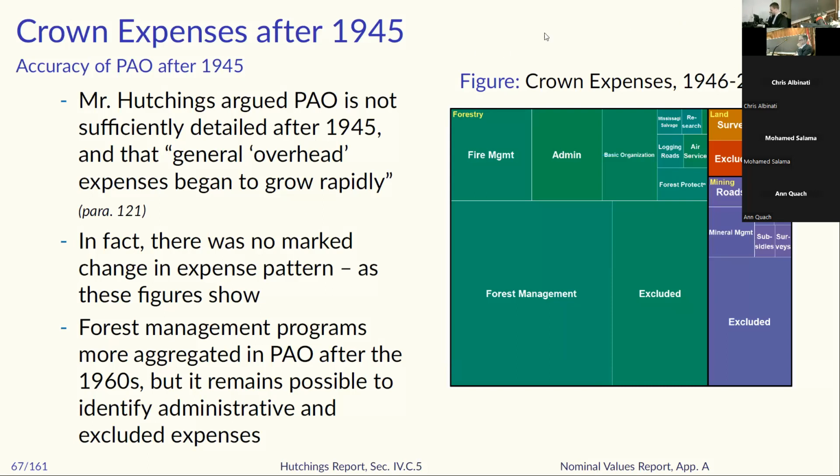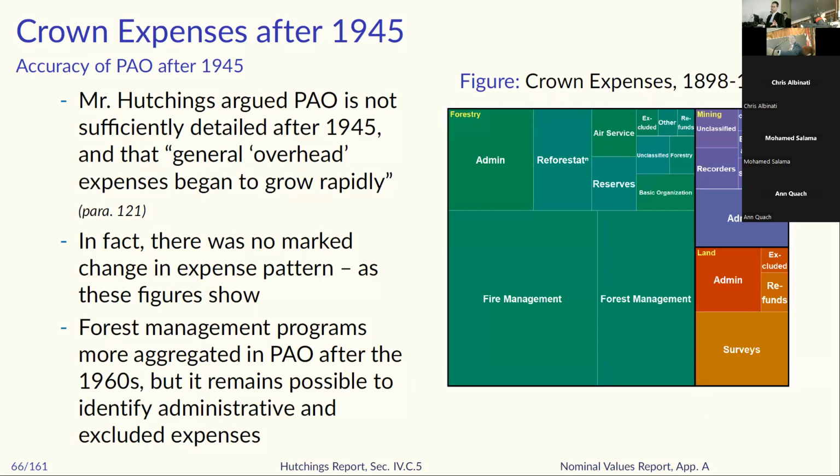So let's start with the first figure then. In the period of 1898 to 1945, how did you distinguish what in this figure you're calling forest management from what you're calling basic organization in this figure? How did you distinguish those two?